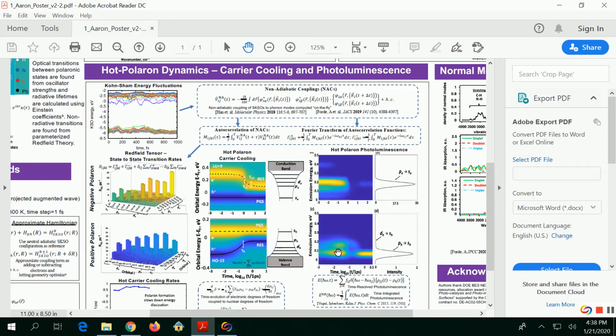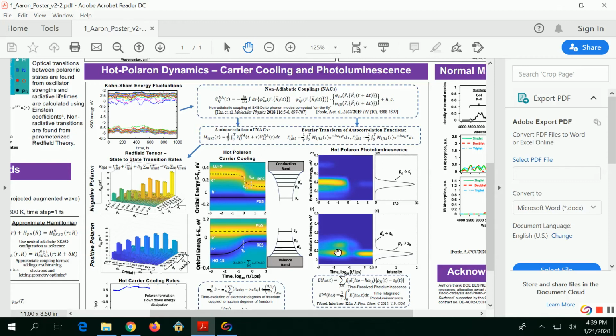So from state-to-state transitions, we can set up some numerical experiments. If we put in an initial condition to propagate dynamics for, we can calculate rates. We can use these Redfield tensors to describe the non-radiative dynamics.